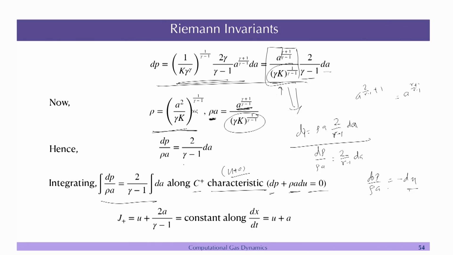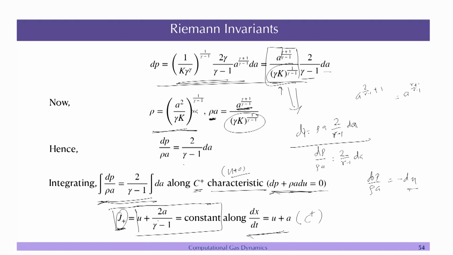You use this value here and this is equal to 0. So, basically by integrating you get u plus 2 a by gamma minus 1 is equal to constant, along dx by dt equal to u plus a, which is C plus. This we call the J plus, the right running Riemann invariant.